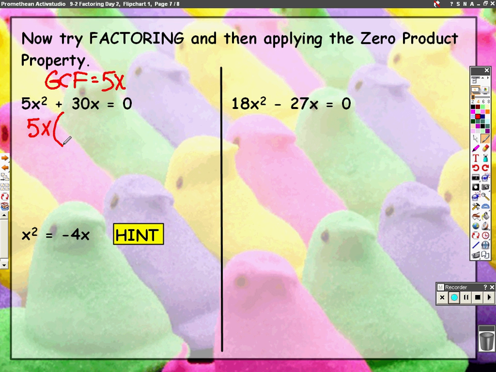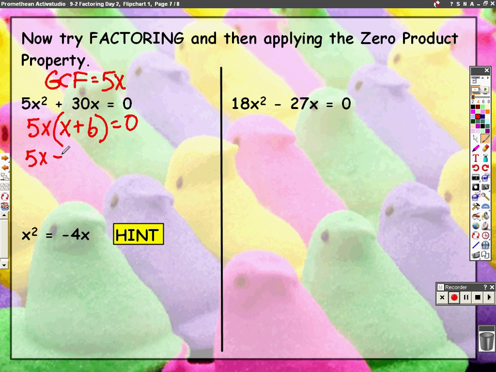Then we divide each of the terms by the greatest common factor. 5x squared divided by 5x gives me x. 30x divided by 5x gives me 6. So I end up with an equation that says 5x times the quantity x plus 6 equals 0. And what we just learned on the previous page, we need to set both of our factors to 0.